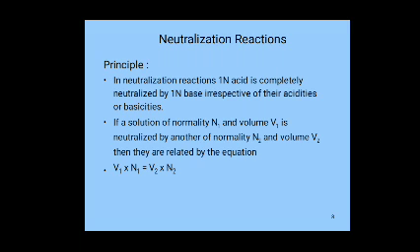In a neutralization reaction, 1N acid is completely neutralized by 1N base. First solution: normality N1, volume V1. Second solution: normality N2, volume V2. Then the relation between the first and second solution is N1 V1 is equal to N2 V2.